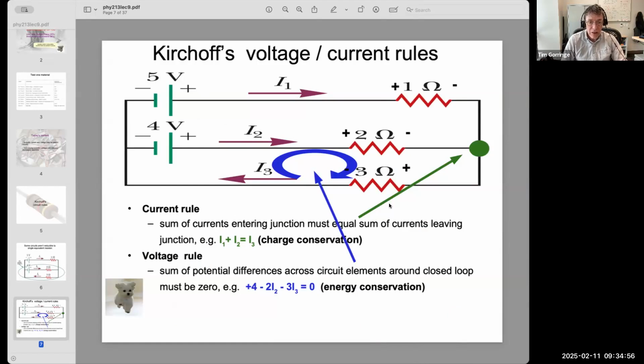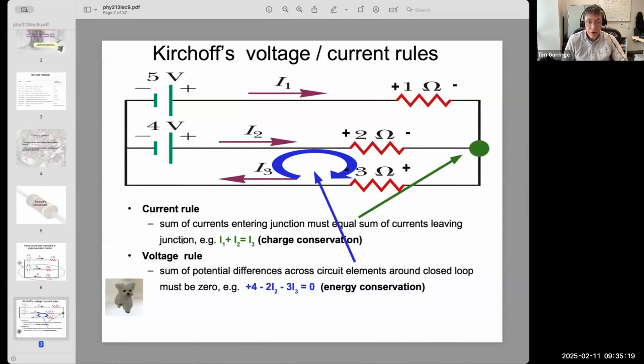So here's the circuit again, upstairs here. Again, a 1 ohm, 2 ohm, a 3 ohm resistor, 2 batteries over here, a 5 volt, a 4 volt battery. We've got 3 arms to the circuit. That's the way I'll refer to it. There's the top arm here, there's the middle arm here, and there's the bottom arm here.